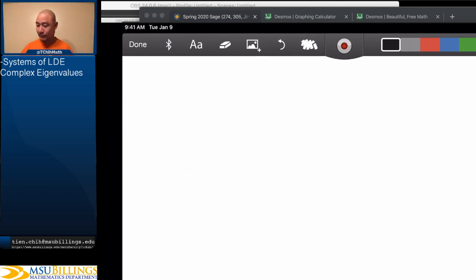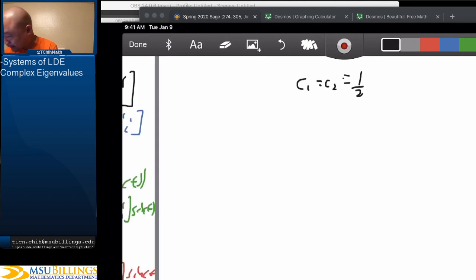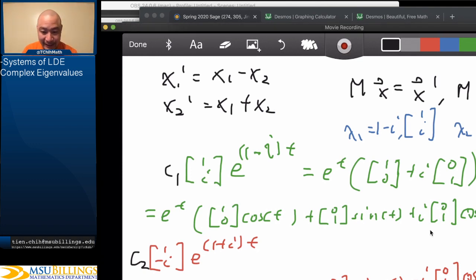So if I go back to that and I let C1 and C2 both be a half, and I look back at what might happen there, I get that half of this plus half of that means these two cancel, and this real part is preserved.